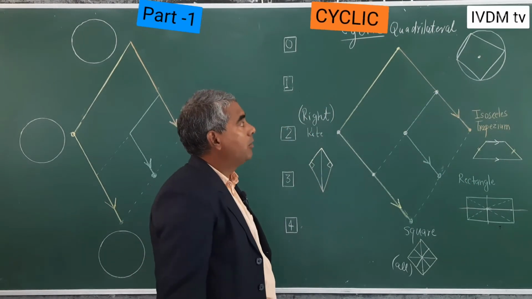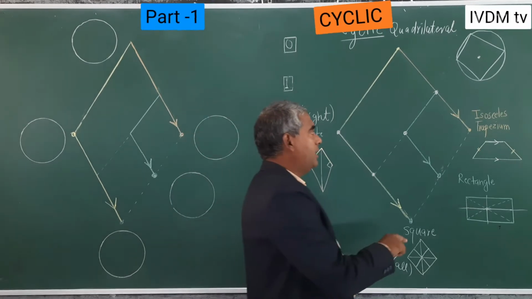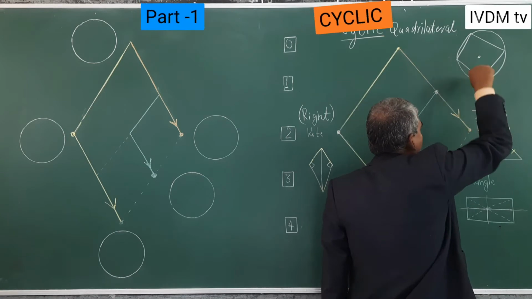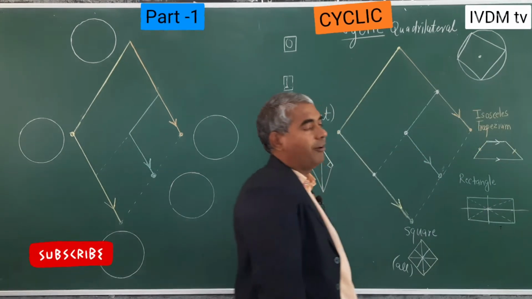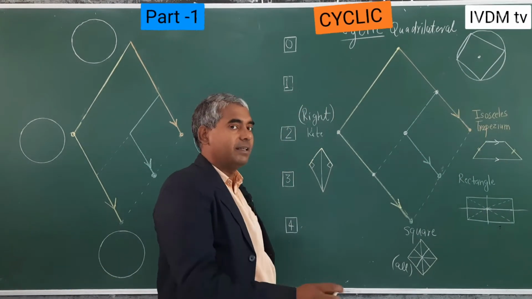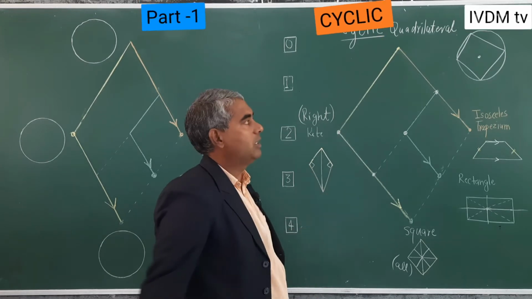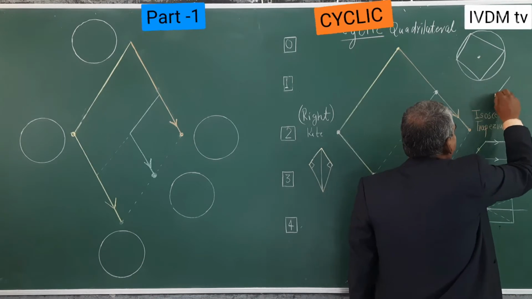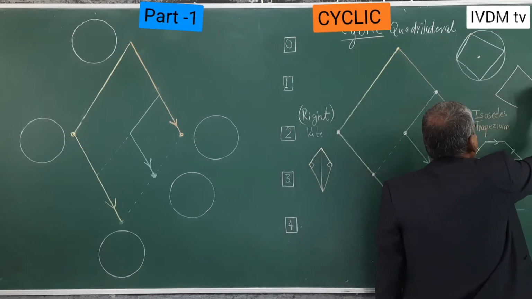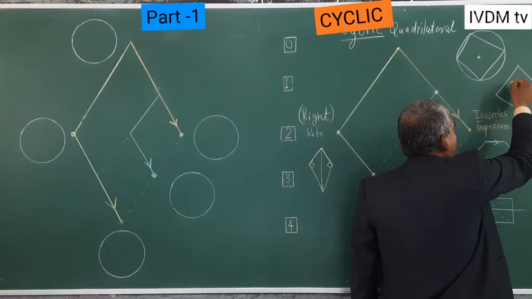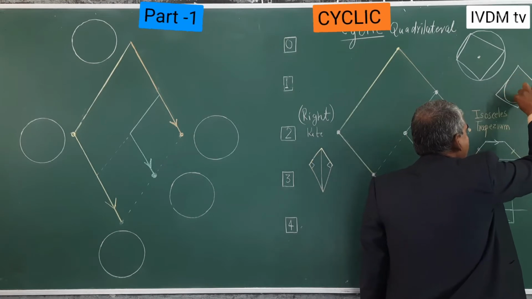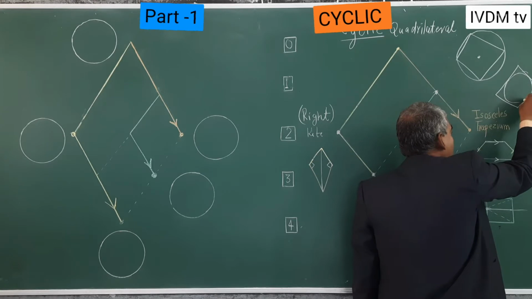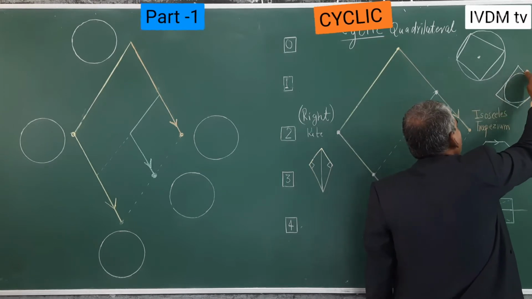Cyclic quadrilateral means the circle is outside. In class 10th you will be taught about the tangential quadrilateral. There, the quadrilateral is there and the circle is inside of the quadrilateral.